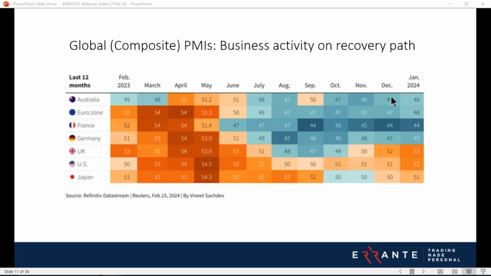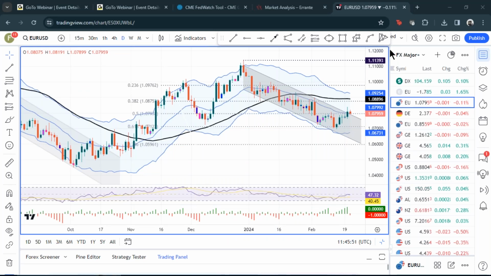If we now just look at euro-dollar, just to finish things off. Let me just grab the chart, which is here. Again, I'm just checking you can see what I'm seeing. Hopefully you can.